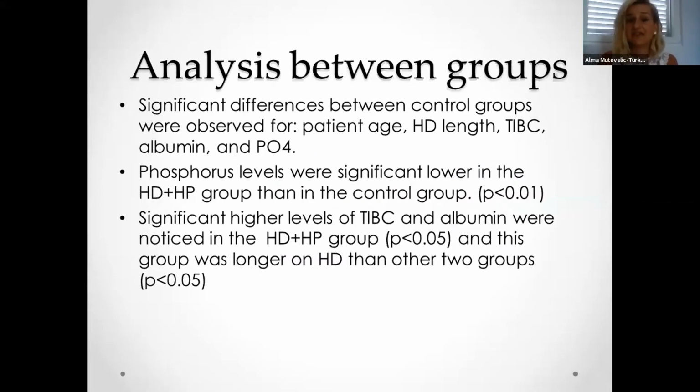But significant differences were noticed in patient age, HD length, TIBC, albumin, and phosphorus. The phosphorus level in our group who received hemoperfusion was significantly lower than in the other two control groups. Also, significantly higher levels of TIBC and albumin were noticed in the experimental group.